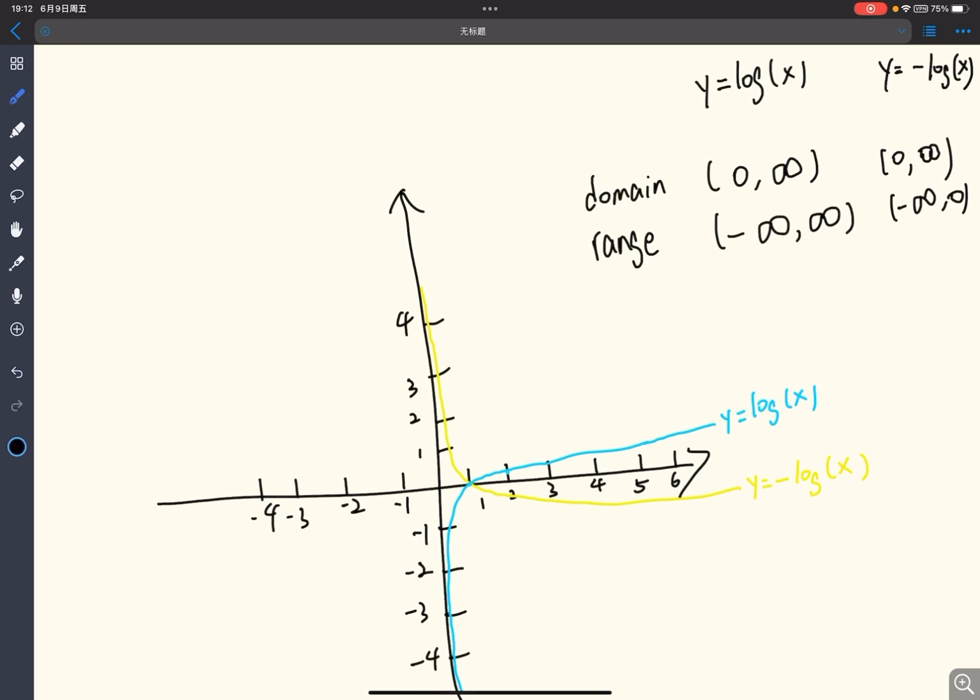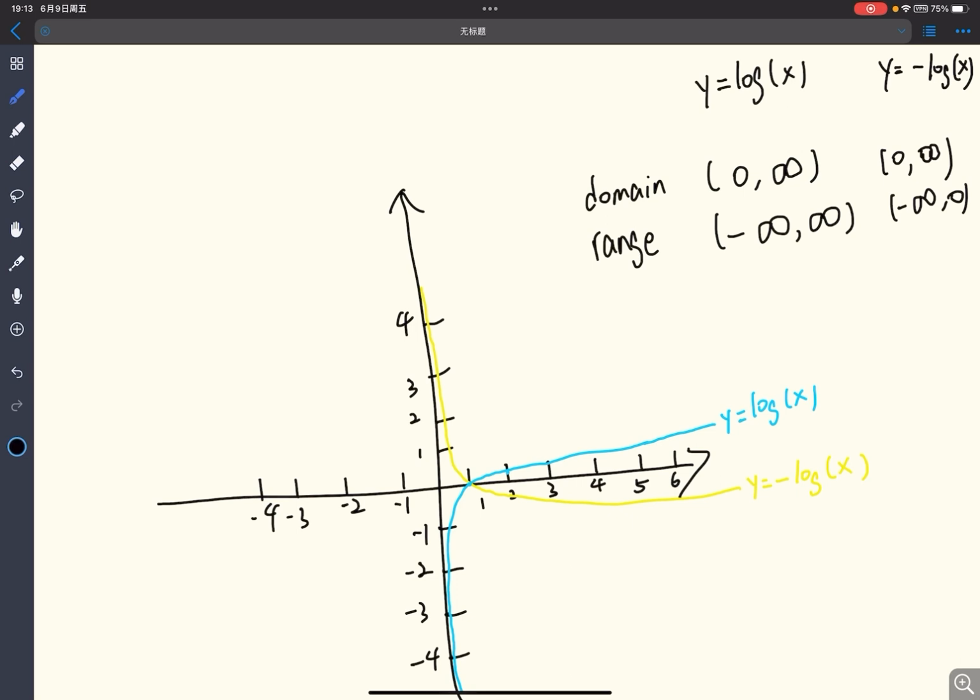The flip of the logarithmic function causes all points on the graph to be symmetric above or below the x-axis. In other words, flipping changes the sign of the function value, but it does not change the overall shape or pattern of the function. Therefore, the range of the flipped function is a set of negative numbers.